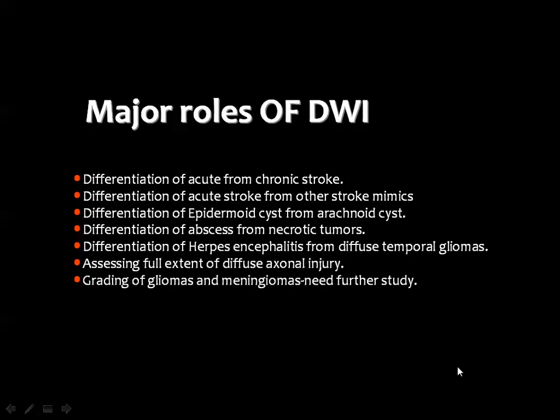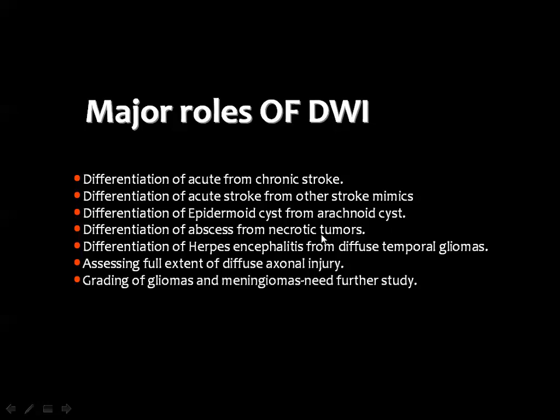Then what are the values of diffusion weighted image? Number one is differentiation of acute from chronic stroke, differentiation of acute stroke from other lesions, differentiation between epidermoid and arachnoid cyst. I have mentioned this many times before. And differentiation between abscess and necrotic tumor.